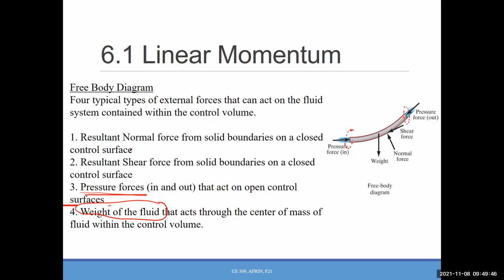One is the resultant normal force from the solid boundaries on a closed control surface, which is perpendicular to the surface. Another one is the resultant shear force from solid boundaries on a closed control surface. So shear force is what? In between layers.